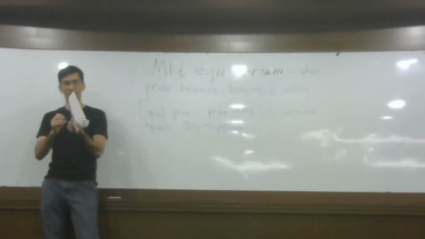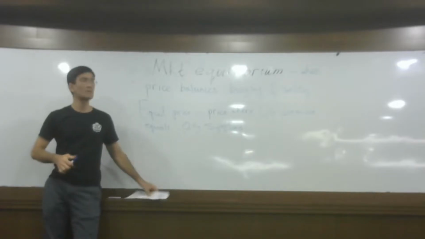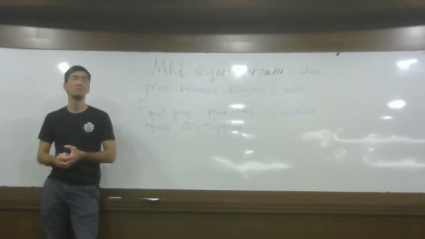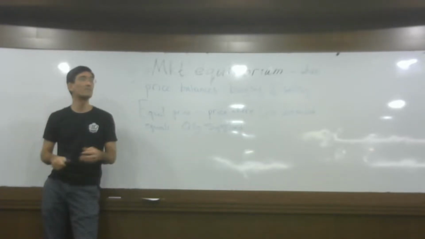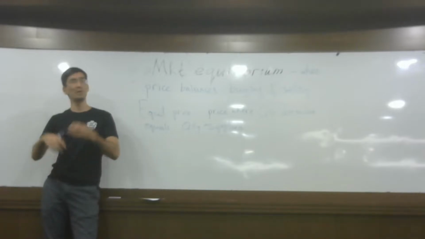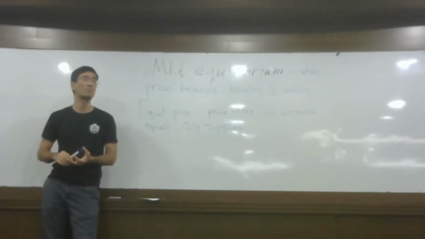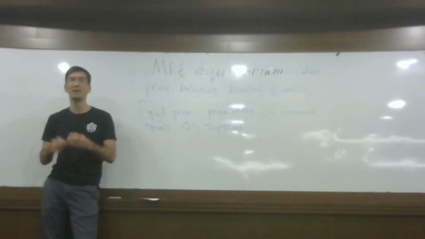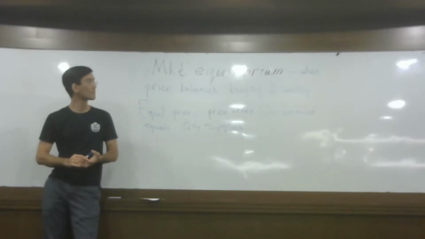Remember last week we said that demand as a function between price and quantity demanded is just some sort of mathematical function, right? Supply similarly is just another mathematical function between price and quantity supplied. Perhaps a positive function for supply, perhaps a negative function for demand, as demand is downward sloping. Right?